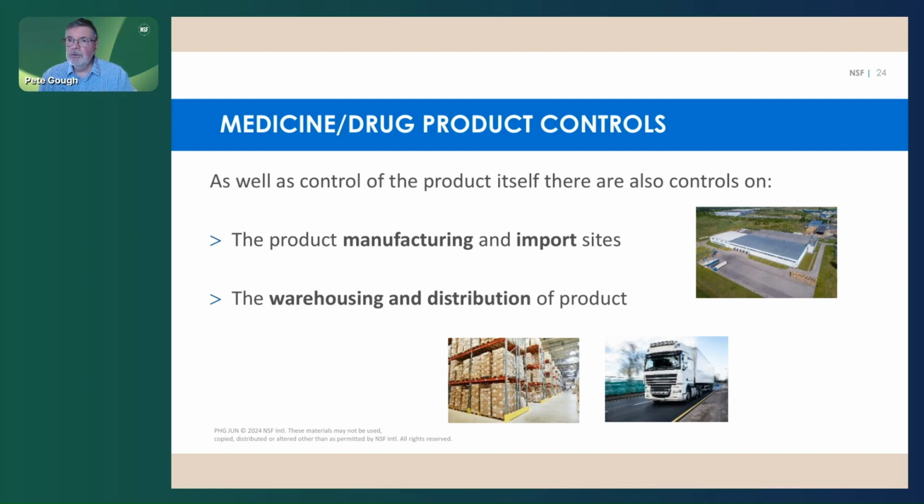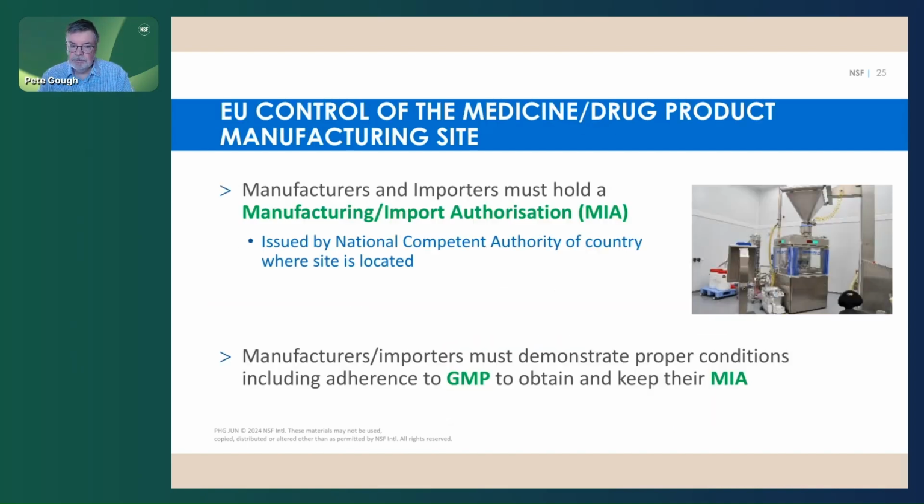In the European Union, there are also legal controls on the site that makes the medicines and the distribution of those medicines. So the product manufacturing and importation sites, and by importation, it means from outside of the European Union, and warehousing and distribution, again, have to have licenses from the government, from the competent authorities. For the manufacturer, that is called, not surprisingly, a manufacturing import authorization, and they're issued by the national competent authority.